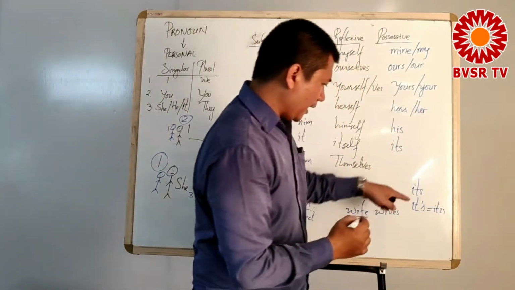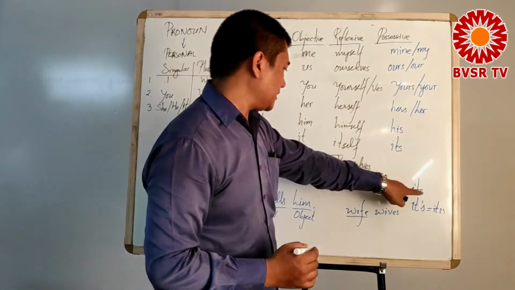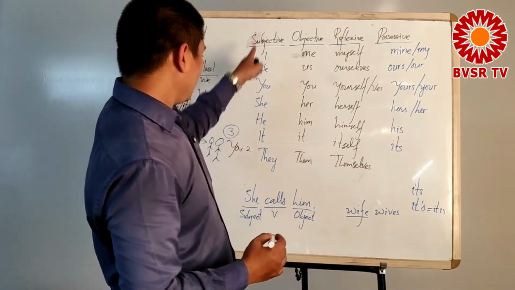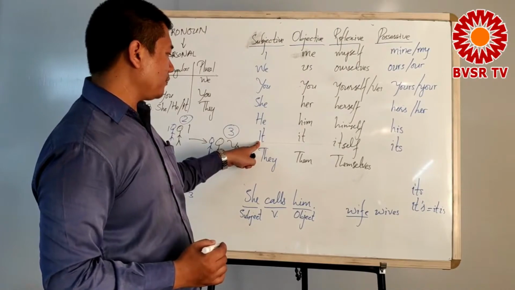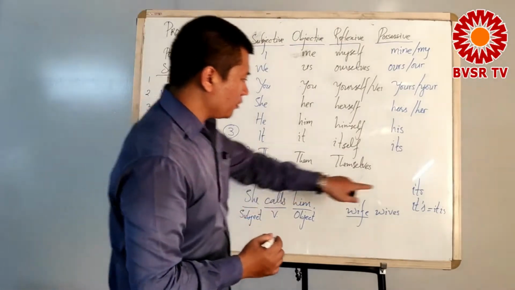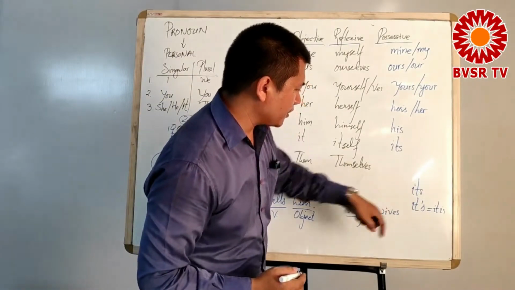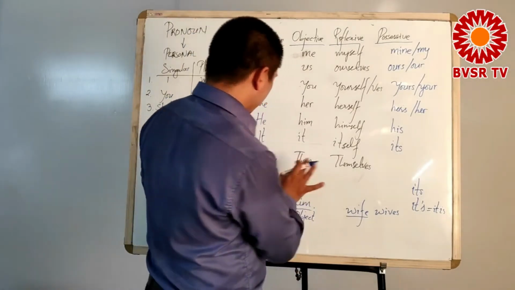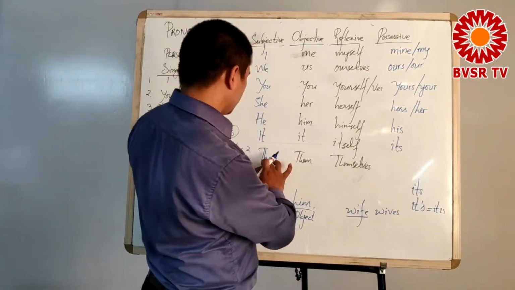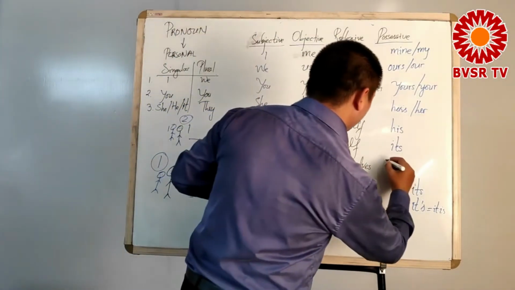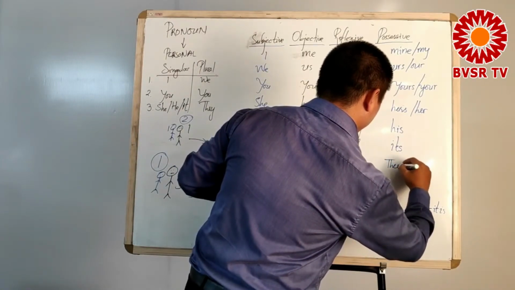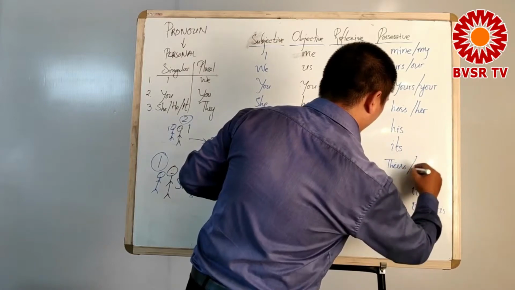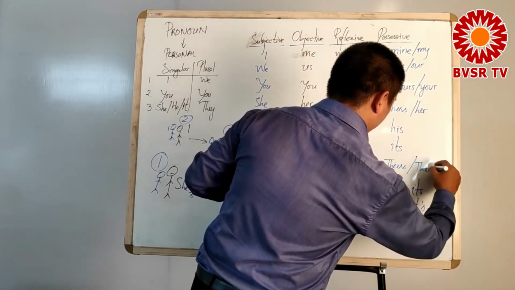And I-T-S, its, is the possessive of the pronoun it. So you should make the difference between these two very clear. The last one, the possessive of they, is theirs, or you can even say their.